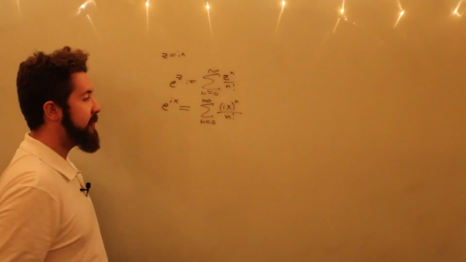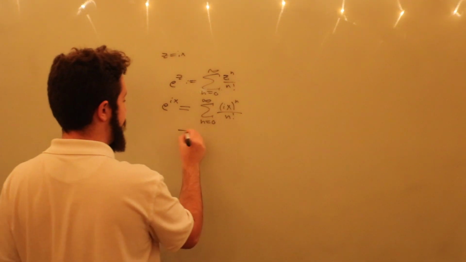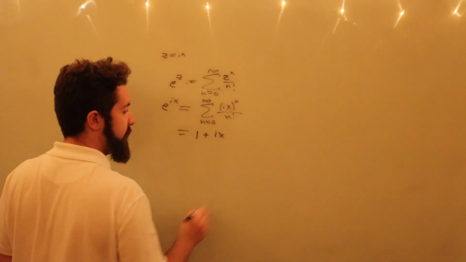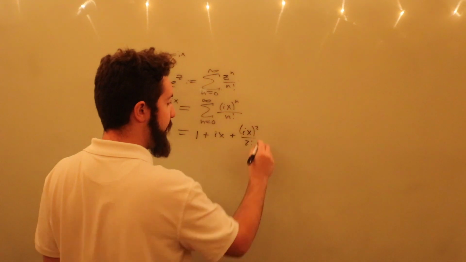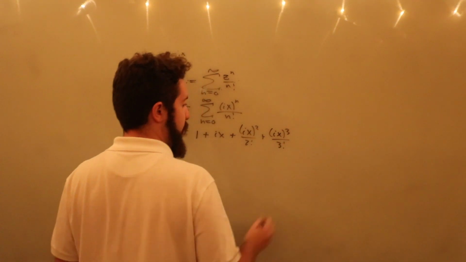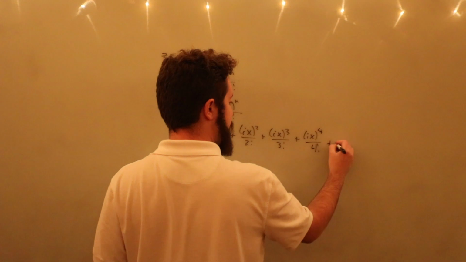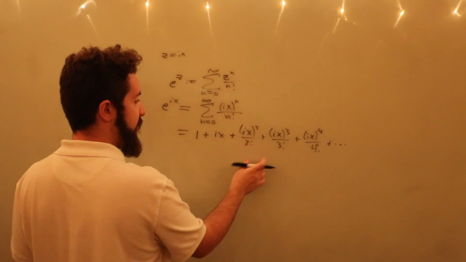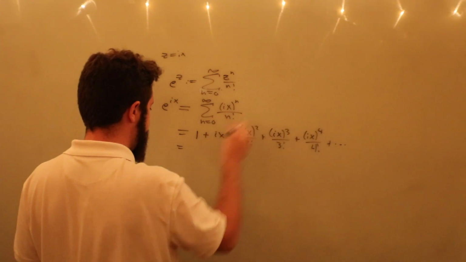Now, let's write this out term by term so that you can see a pattern that we're going to find. This is going to be equal to 1 plus ix plus (ix) squared over 2 factorial plus (ix) cubed all over 3 factorial plus (ix) to the 4th power over 4 factorial, and so on. Let's actually multiply out, square these x's and i's, and cube and so on.